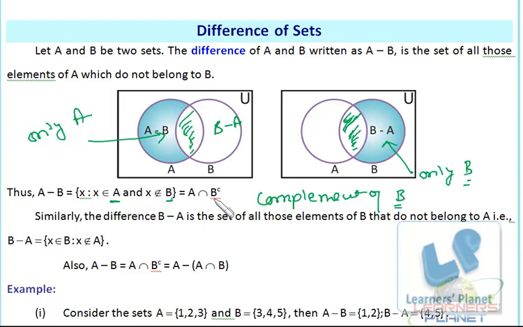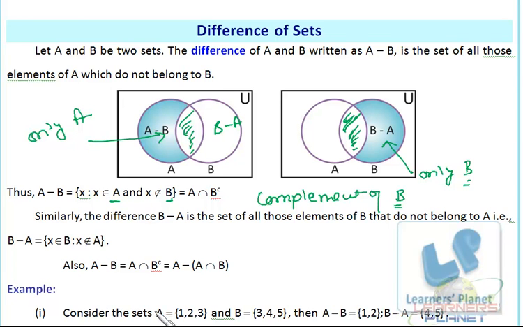So A intersection B complement. Similarly, the difference B minus A is the set of all those elements of B that did not belong to A. So A minus B is A intersection B complement, which is equal to A minus A intersection B.